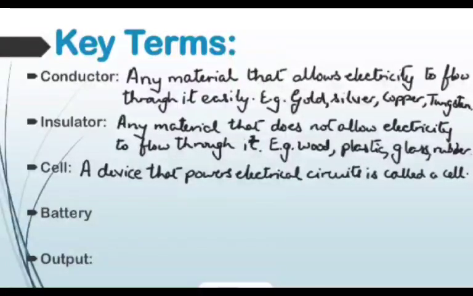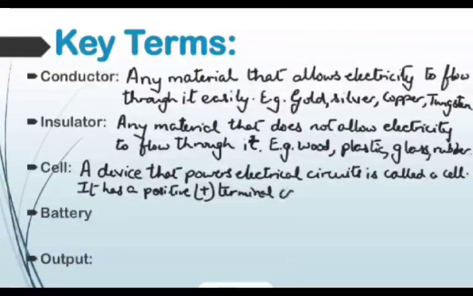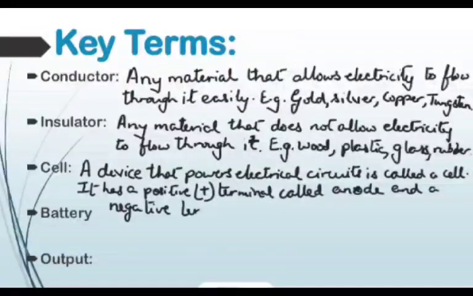Okay, and what did I just explain? A cell has a positive terminal called anode and a negative terminal called cathode.